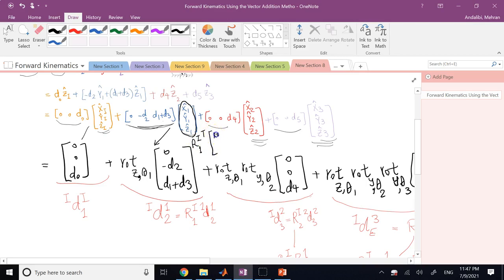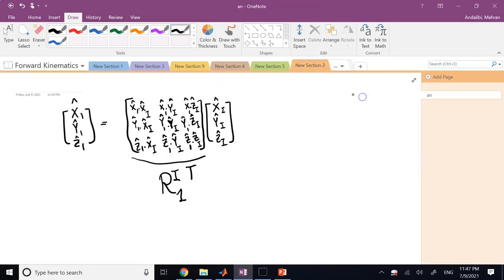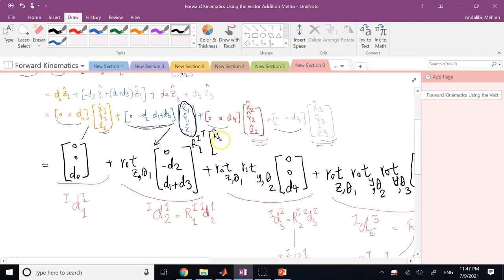Times xi, right? Just look at this one. R of 1 with respect to I transpose times this, correct? So let's write it down. Agree? And what is this term? This is the same as this one, except it's transpose of that, right?